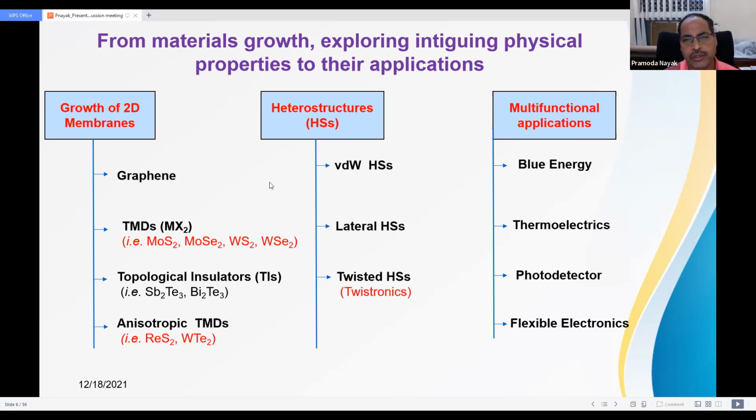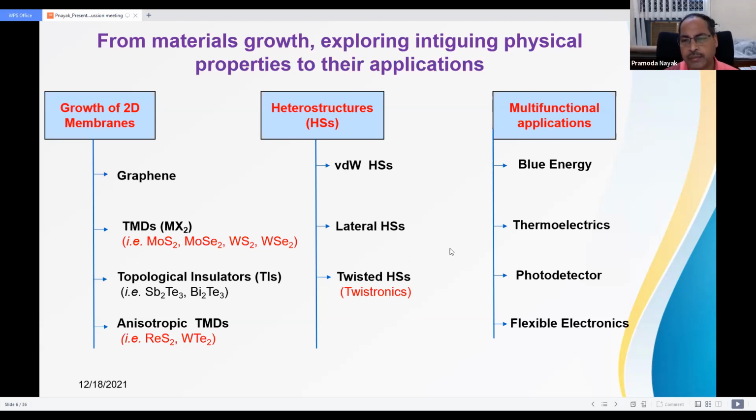And then we make heterostructures. When you make a heterostructure, either you join laterally, giving a lateral heterostructure, or a Van der Waals heterostructure, one over another, or a hybrid heterostructure. Then we can rotate one over another, which we call a twisted heterostructure, emerging as a new field called twistronics. And we can have different multifunctional applications.